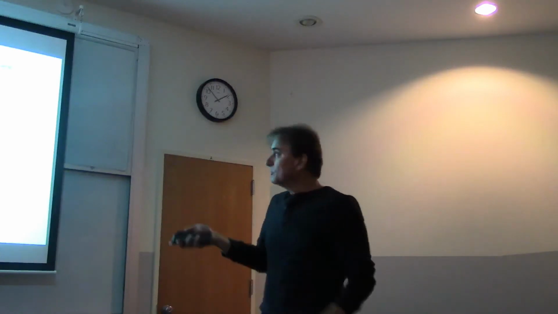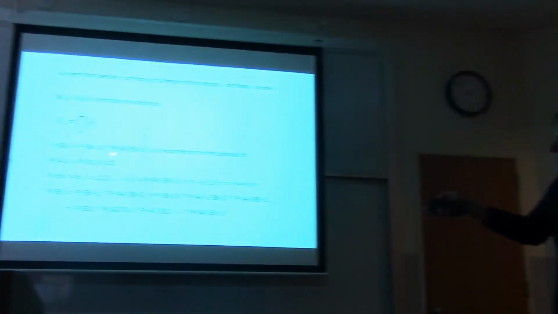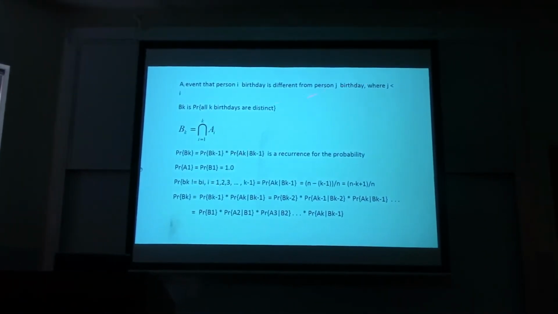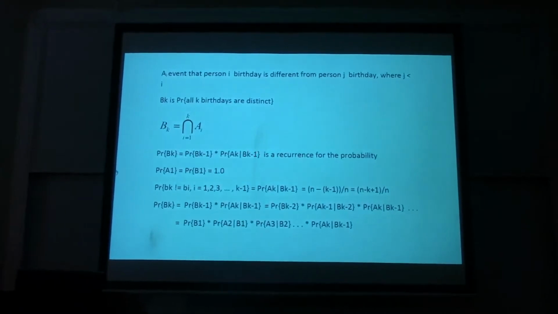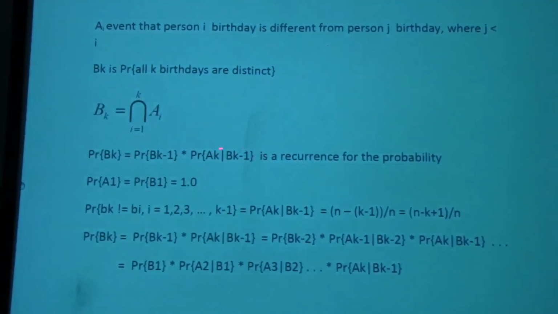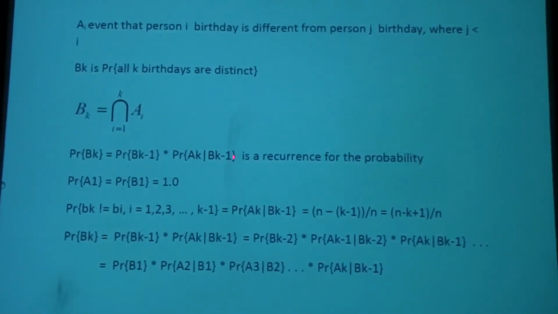Okay. So conditional probability can change because what we're doing is we're saying the probability that person A_k is different from all the people before, given that all the people up to k minus 1 have distinct birthdays. So we have to have this, because this just says that A_k is different than anybody before, but you're also assuming, or giving, the fact that all the k minus 1 people before are unique.